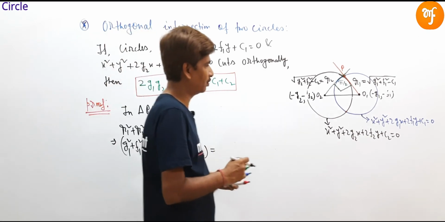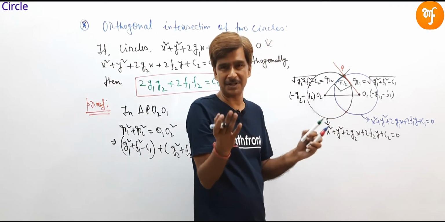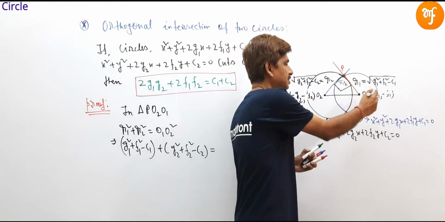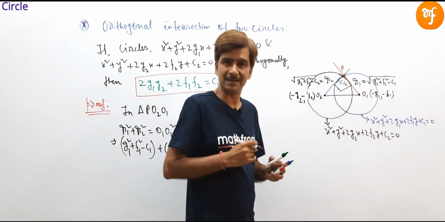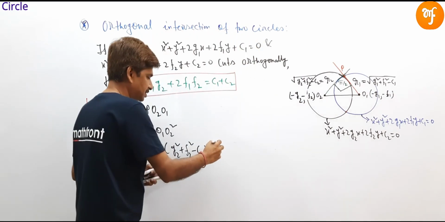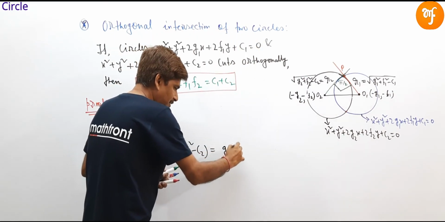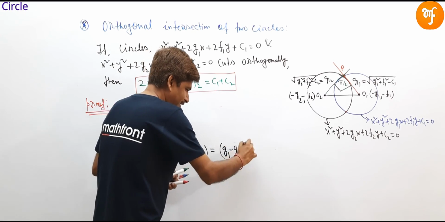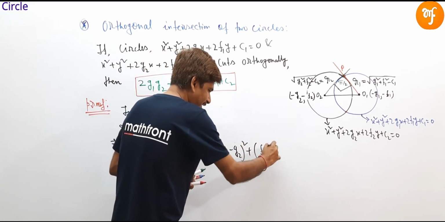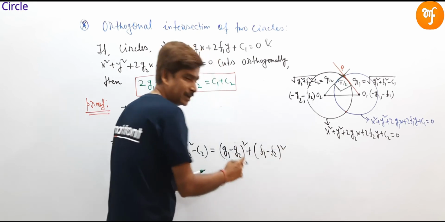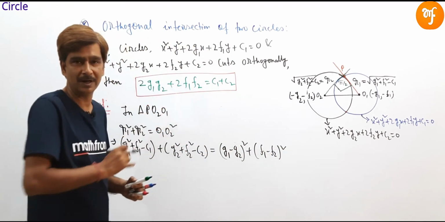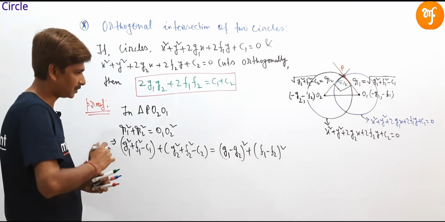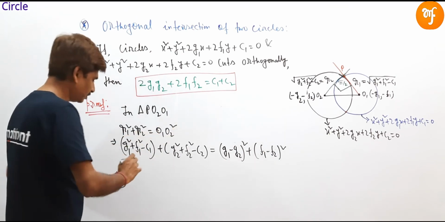Now how do we get O1O2 square? We will apply just the distance formula between minus g1 minus f1 and minus g2 minus f2. So applying the distance formula, we will get g1 minus g2 whole square plus f1 minus f2 whole square. Okay, just we will vanish the square root, as square of O1O2 is at the right hand side. So if we simplify this, what will we get?